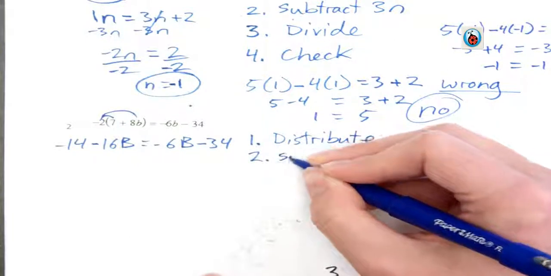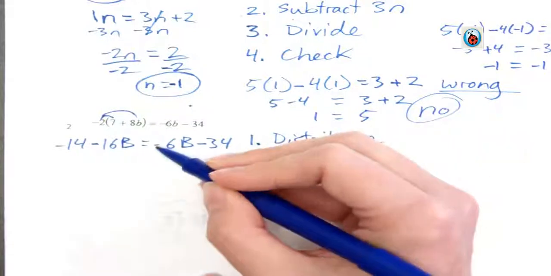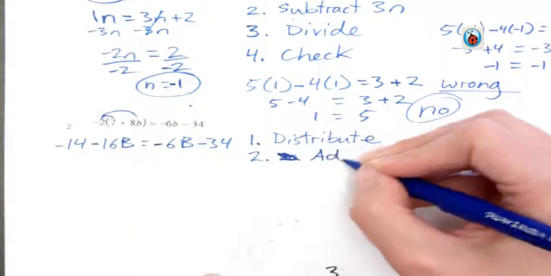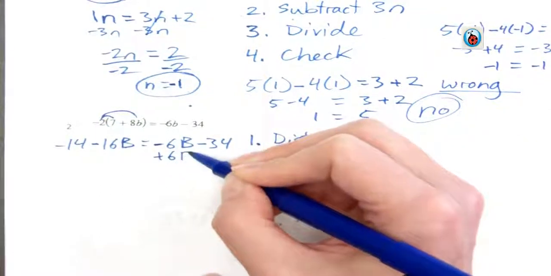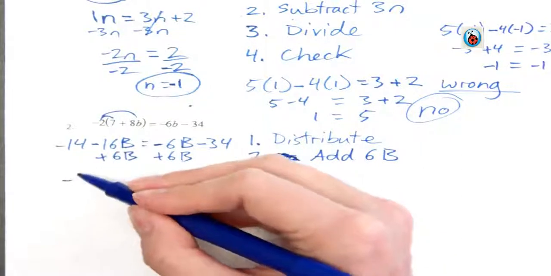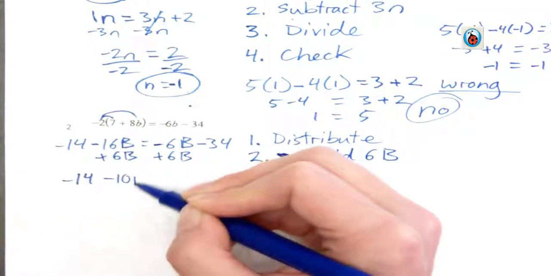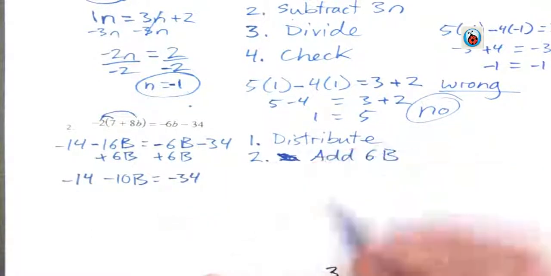So subtract. Oh, sorry, I'm not going to subtract. It's already a negative 6, so I'm going to add. I always do the same to both sides. So negative 14 minus 10b equals negative 34.